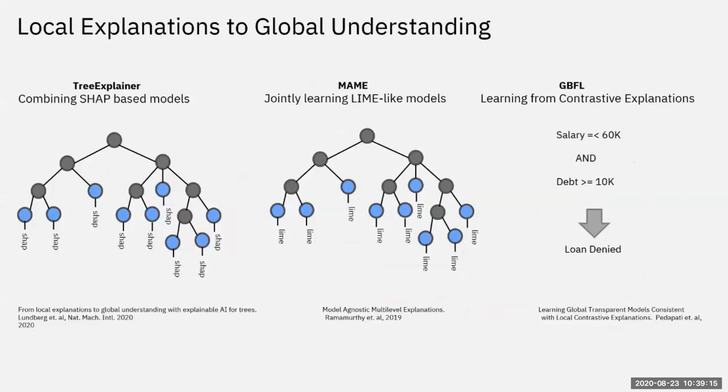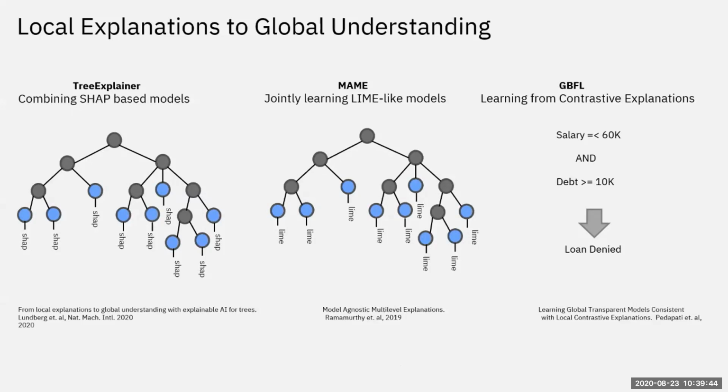This is essentially a third kind of knowledge transfer to simple models. And what these methods do is basically take local explanations and create a globally interpretable model. So one could use SHAP-based explanations and do some kind of processing so that you can actually get global feature importances and so on and so forth.